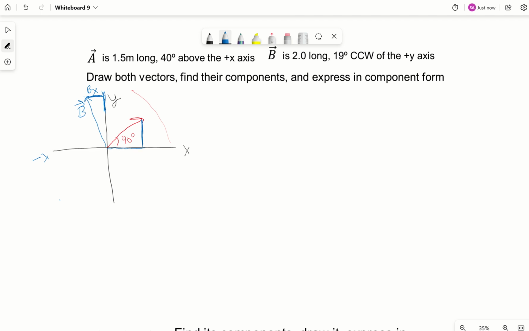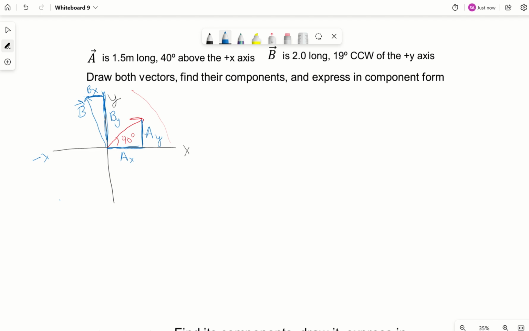AX is the component of A that's parallel to the x direction. And BY is the side of that right angle triangle that's along the y direction. And AY is the side of the red vector that's parallel to the y direction. So the vertical side is y and the horizontal side is x.